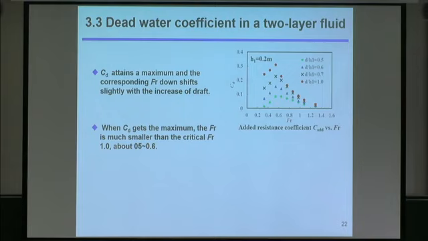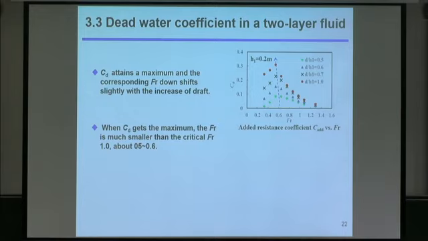Analyzing this picture, we can find that CD attains the maximum and the corresponding Froude number shifts down slightly with the increase of the draft from here to here. Another conclusion we can see is that when CD gets the maximum, the Froude number is much smaller than the critical Froude number of unity. It's about 0.5 to 0.6.